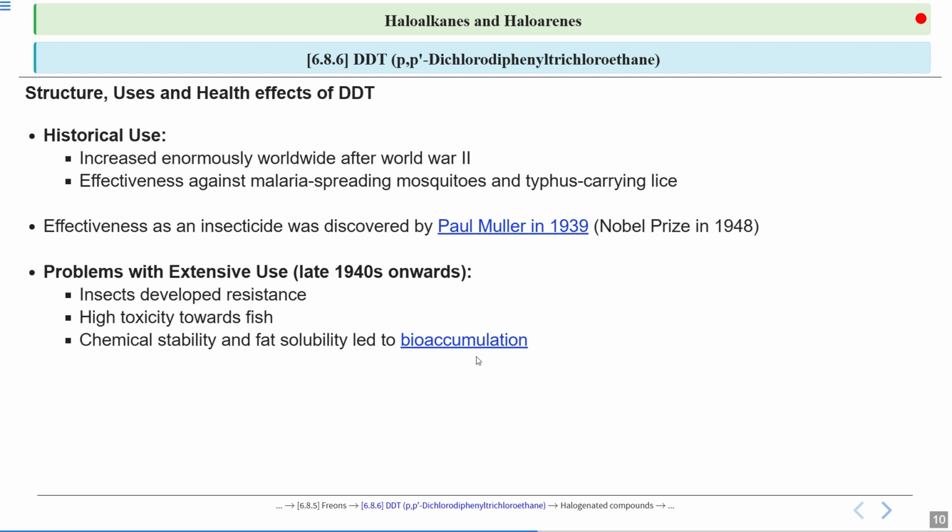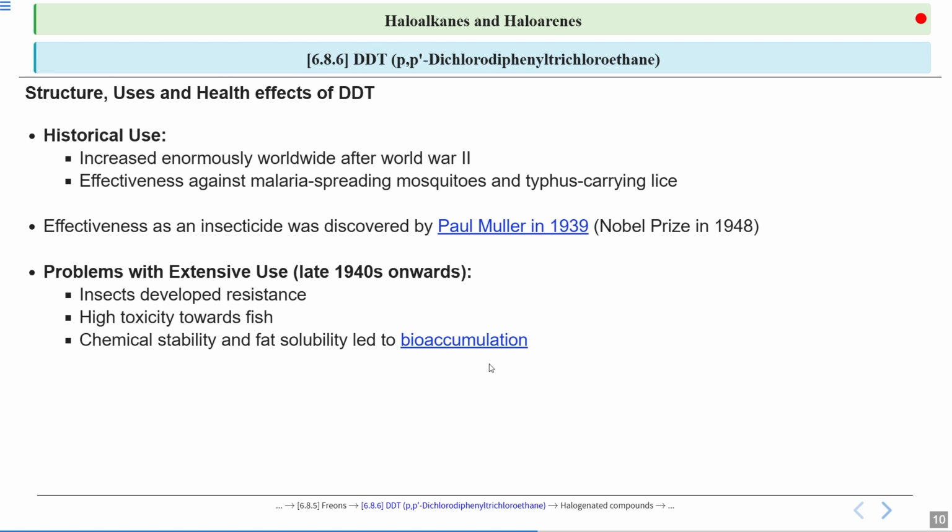Bioaccumulation is basically a process where substances, particularly toxins like DDT, build up in an organism over time, and it occurs when the rate of intake of a substance, in this case DDT, exceeds the rate at which the organism can eliminate or break it down.